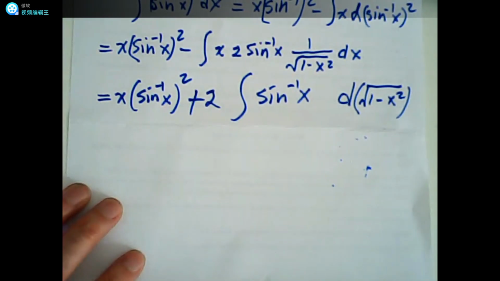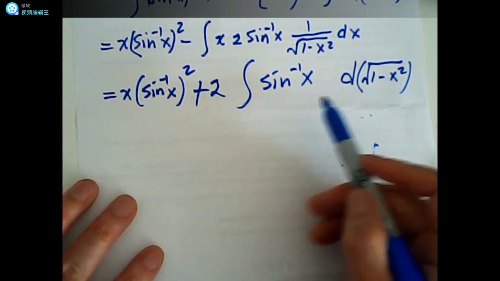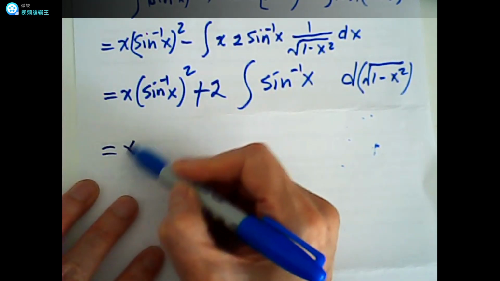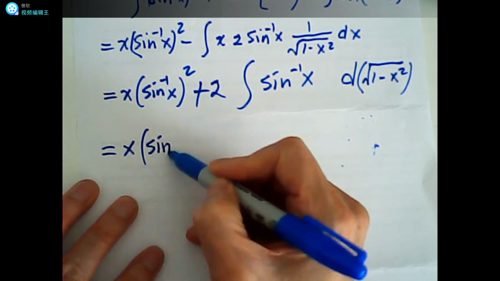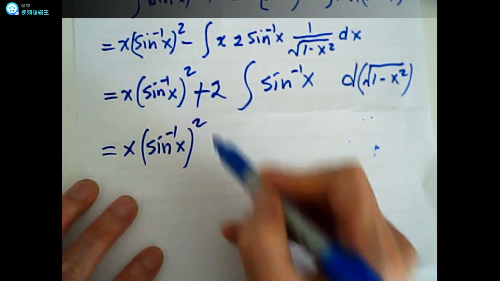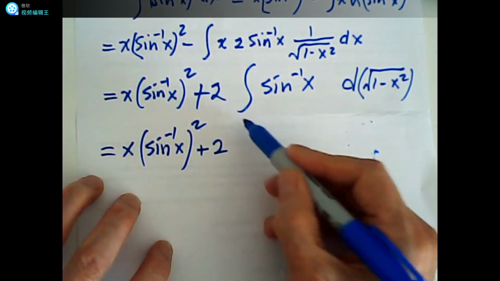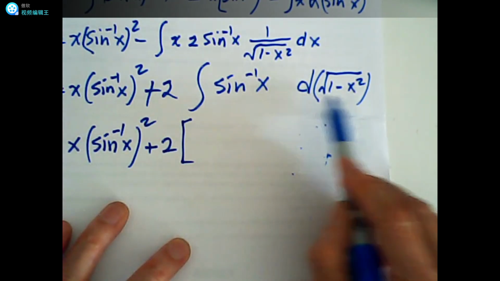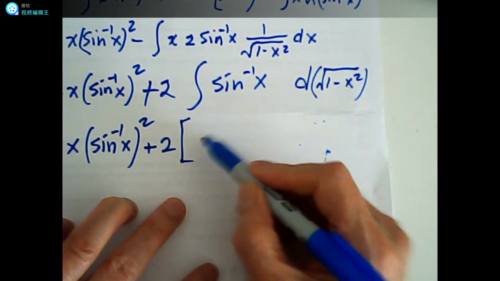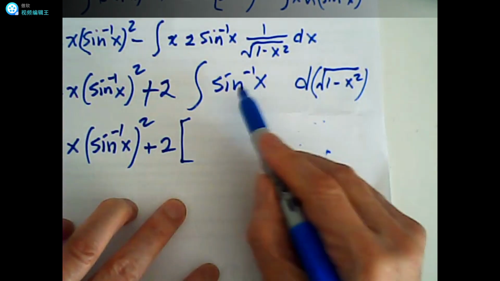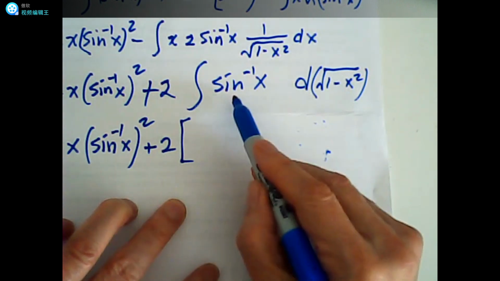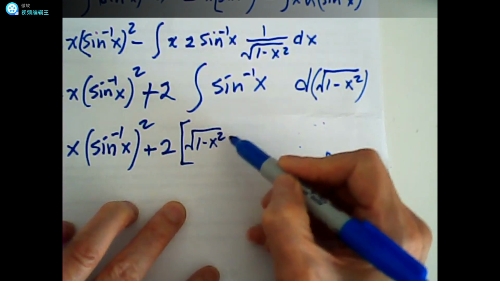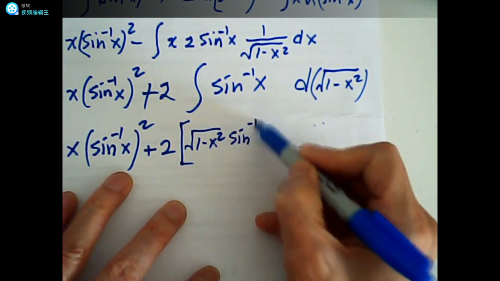Now here, by parts again. This is my u, this is my v. So this one is equal to x arcsine x squared plus 2, u dv is equal to uv. This time I write the square root of 1 minus x squared times arcsine x.